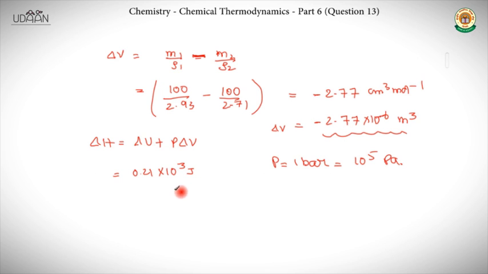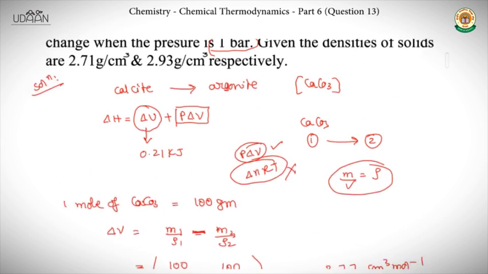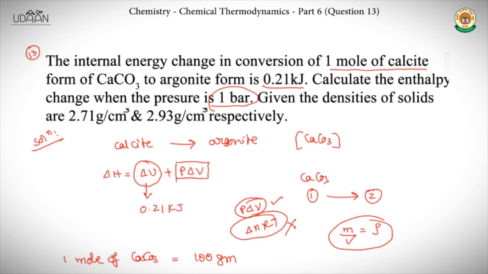Plus minus 2.77 into 10 power minus 6 times the pressure, 10 power 5 pascals. Doing these calculations, we get 209.72 joules, or 0.21 kilojoules per mole.